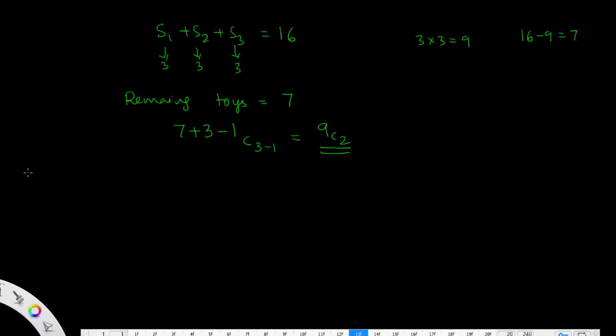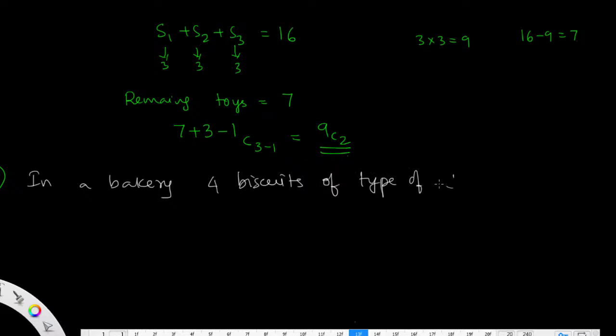Next question. Question number 11. In a bakery, 4 types of biscuits are all available.